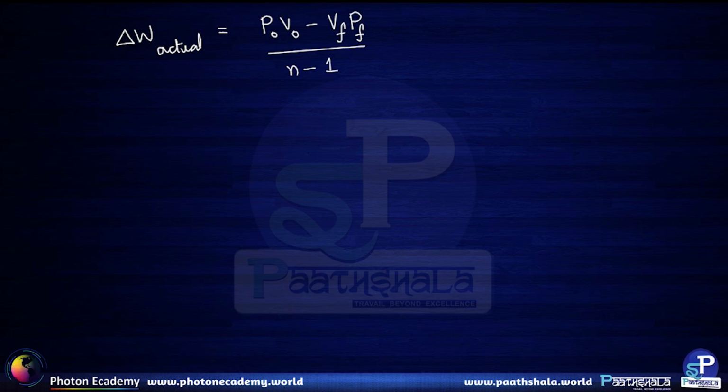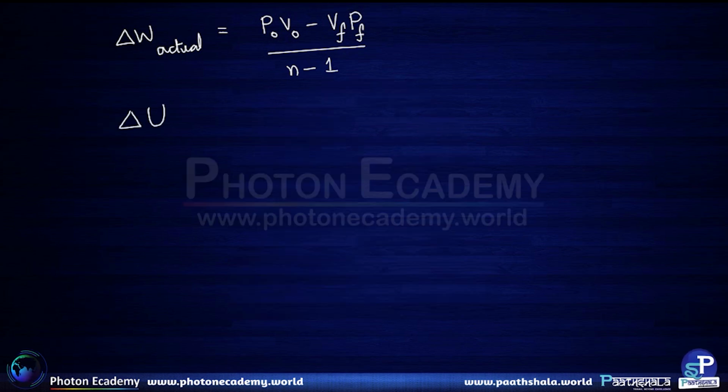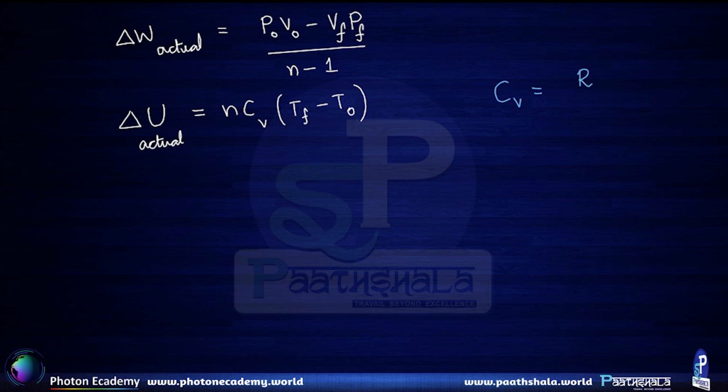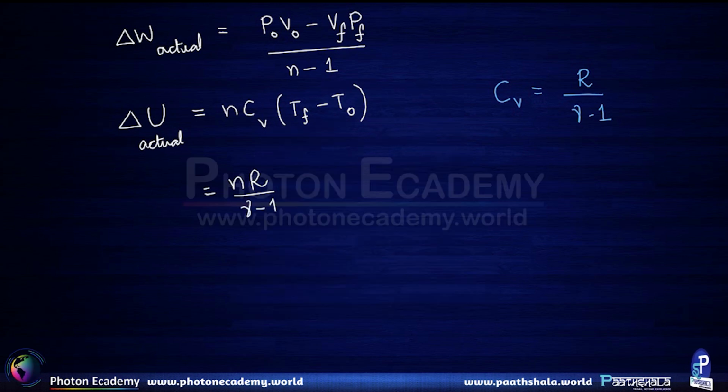And let's also calculate the change in internal energy in this process. ΔU actual would be equal to nCv(Tf − T0), and for ideal gases Cv is equal to R/(γ − 1). Therefore, the change in internal energy in the actual process is going to be nR/(γ − 1) times (Tf − T0).